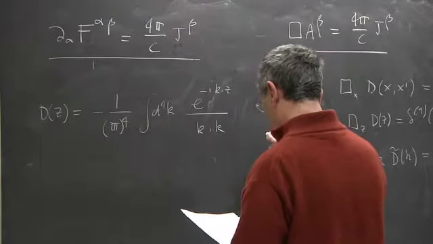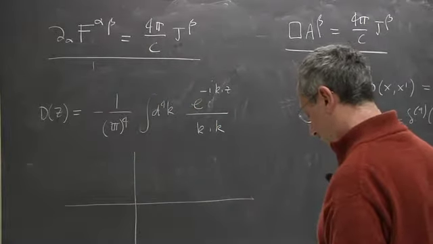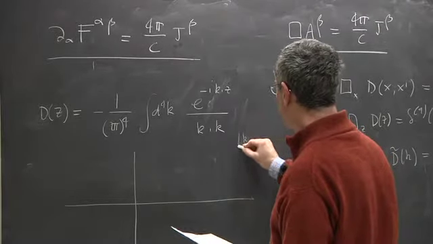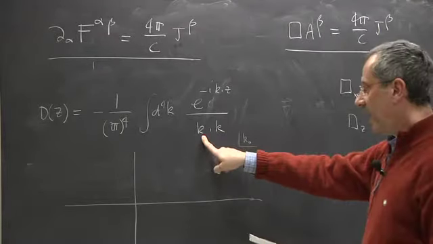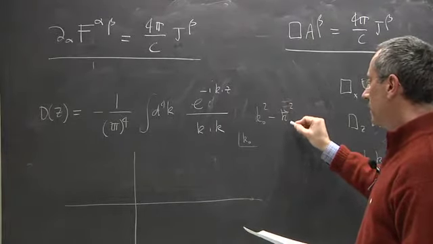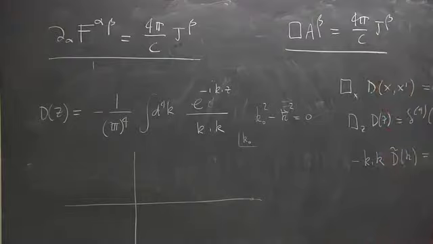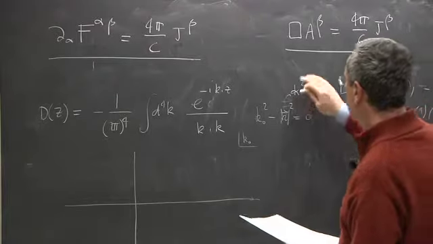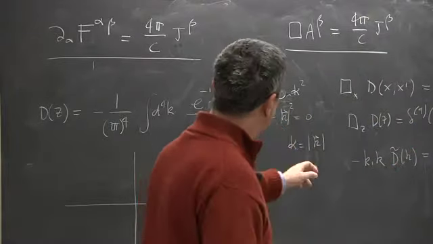And the singularity is where? If you draw the k naught part of the integral, you see that here this is k naught squared minus k vector squared, and you have a singularity where this thing is equal to 0. Let's call kappa the modulus of the vector k.